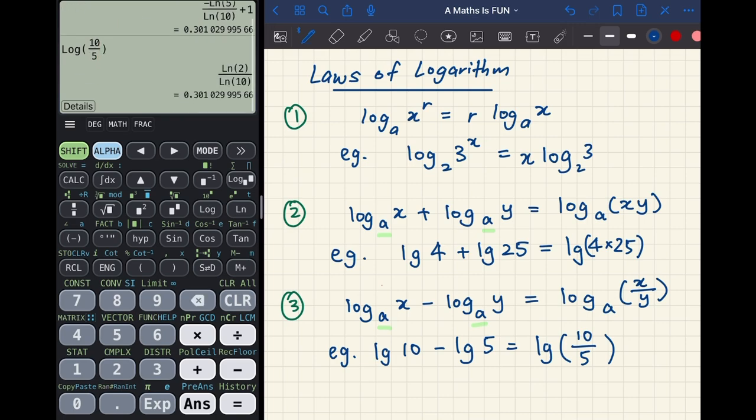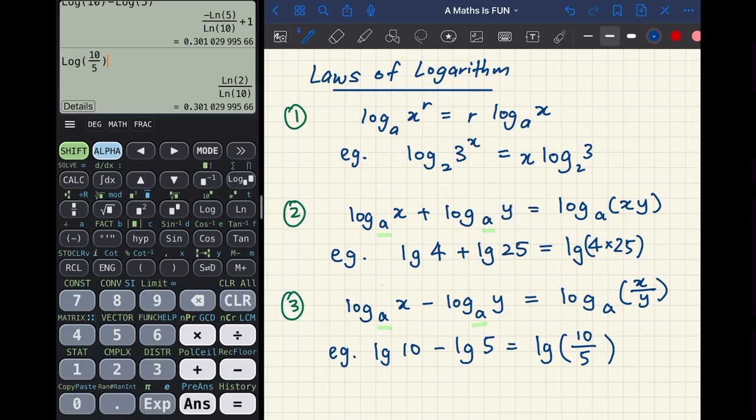All right, and you can see on the calculator here that both these two give the same numerical result. So the left hand side and right hand side are equal to each other, so that verifies the validity of that working, and so we have applied quotient law correctly.